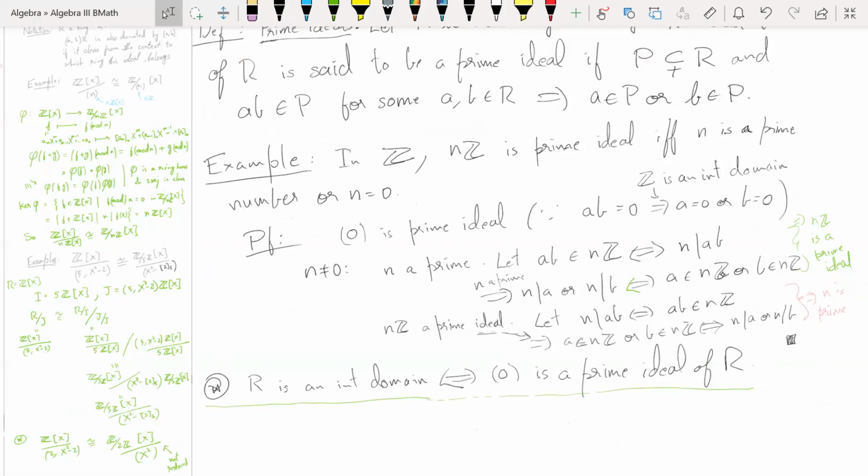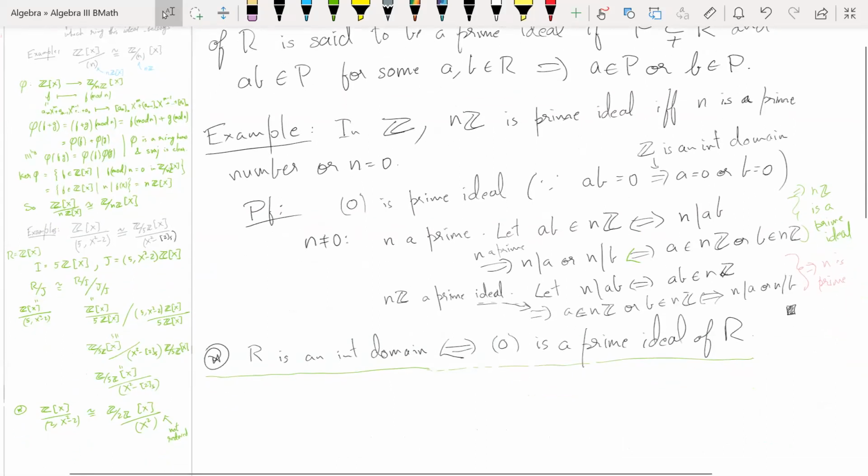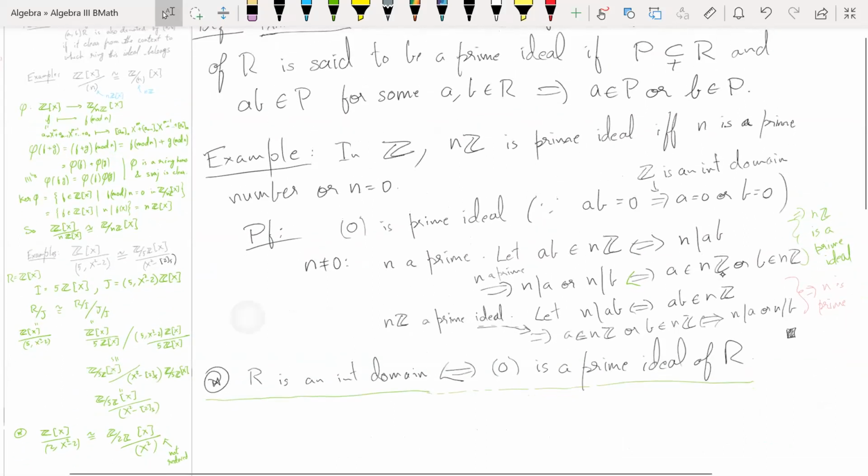I'll start. I would like to do more examples, but unfortunately, deciding whether something is a prime ideal in a slightly more complicated ring is a little bit of work, and involves some theorems, etc. So we'll have to do a little bit more theory to see more examples.